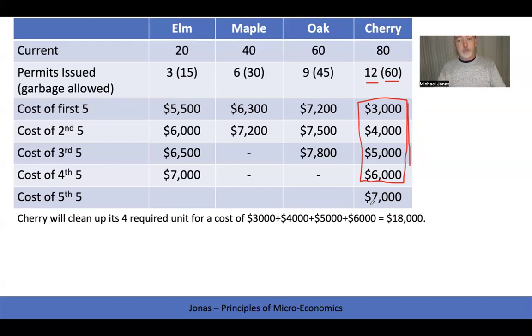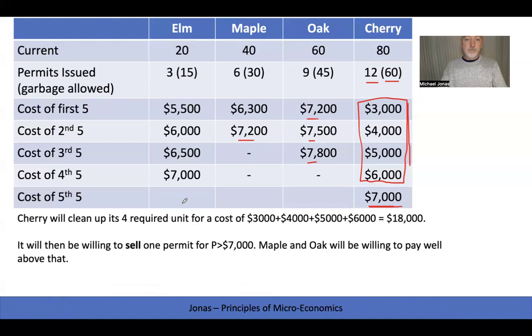It's in compliance, but now they'd be willing to sell that 1 extra permit, or that next unit permit, for any price greater than 7,000. And as we saw, we have these willingness to pay values above that. So someone over here is going to purchase that.